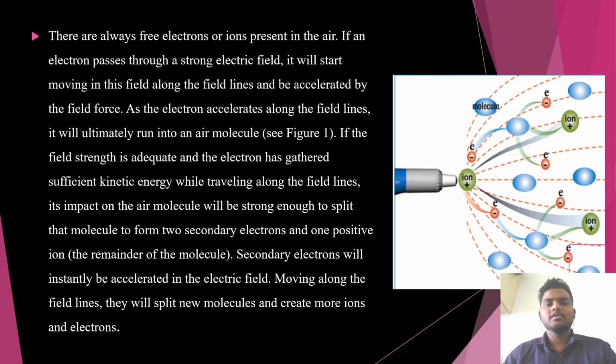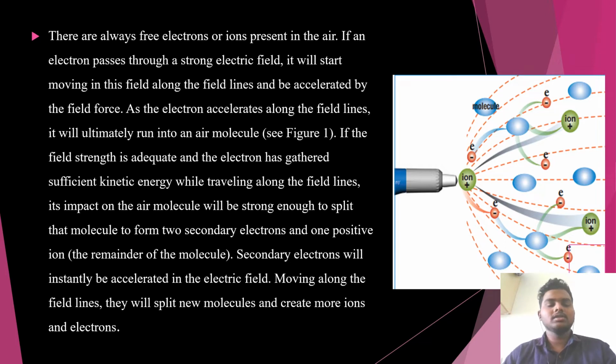There are always free electrons or ions present in the air. If an electron passes through a strong electric field, it will start moving in this field along the field lines and be accelerated by the field force. As an electron is accelerated along the field lines, it will ultimately run into air molecules. See the figure.